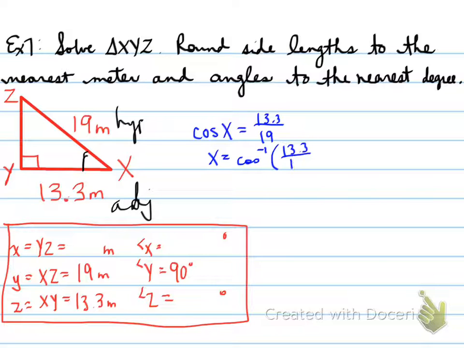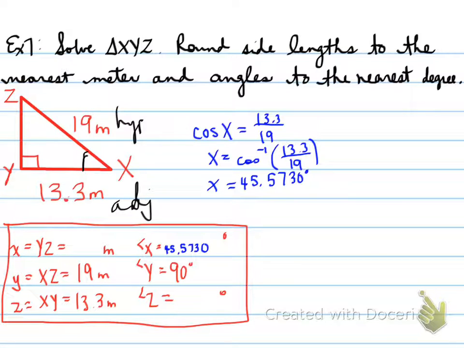And using your calculator, you should be able to find that value. Okay, the angle is equal to 45.5730 degrees. Once I know that, I can fill that information in. So inside angle x is going to be 45.5730, and again that's degrees.